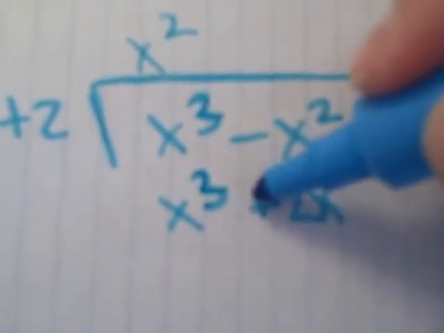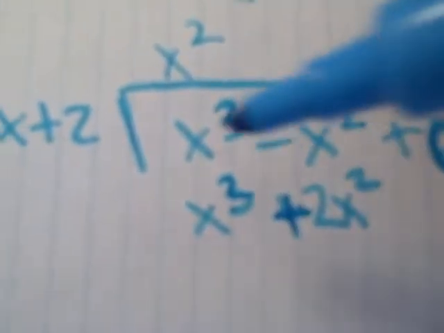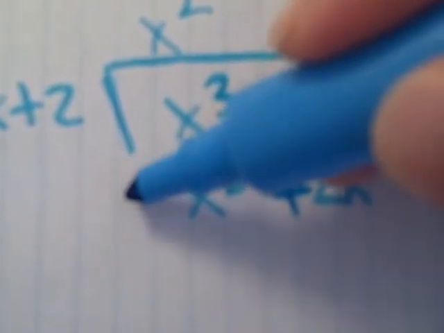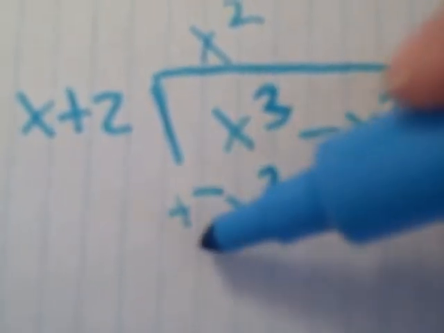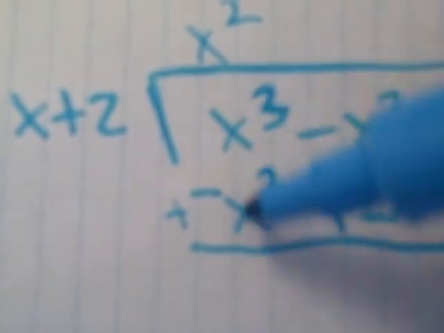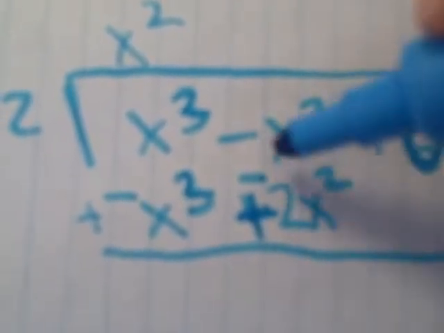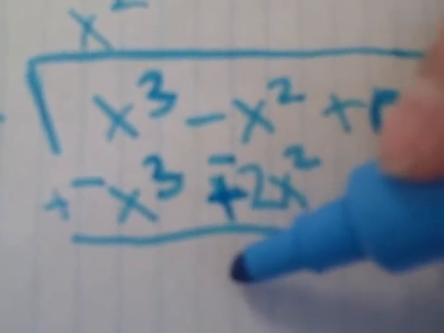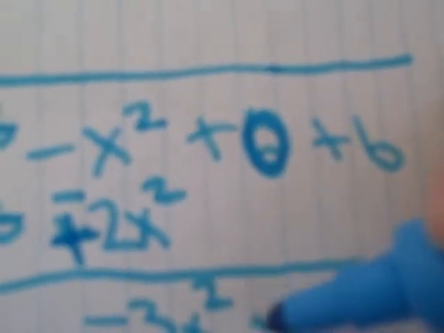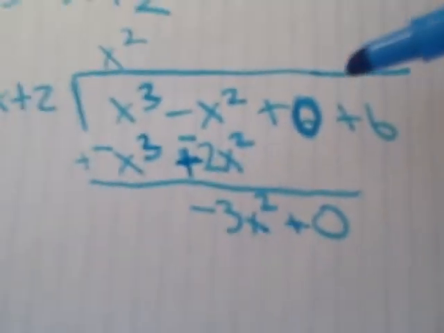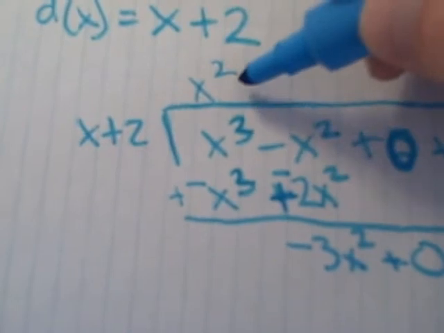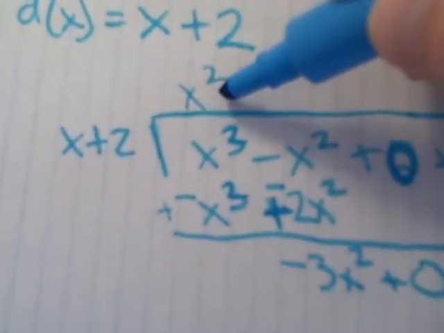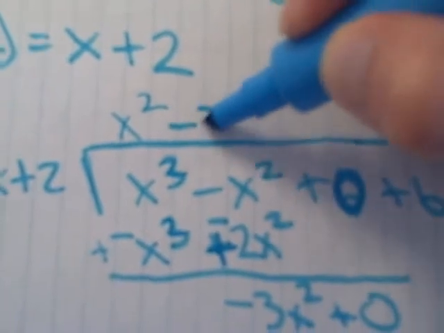And then for a general rule, you want to change this sign to the opposite and change that to the opposite. So when you bring them down again, those would cancel out. Negative x squared plus negative 2x squared would be negative 3x squared. You would bring down that 0. And then to get negative 3x squared, you would multiply x first by negative 3x.